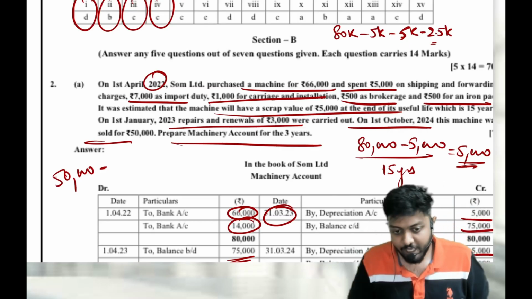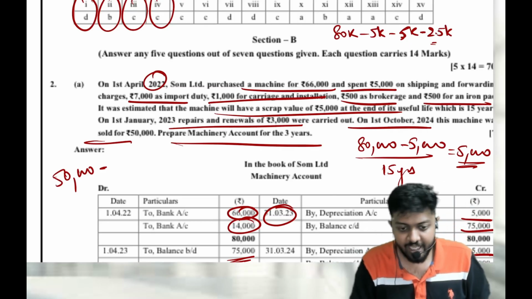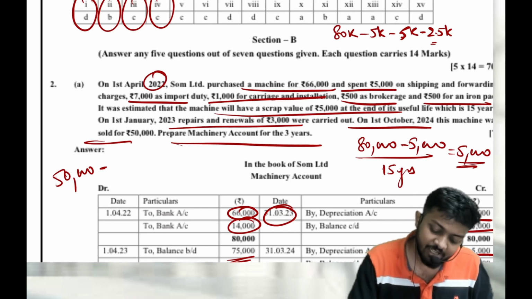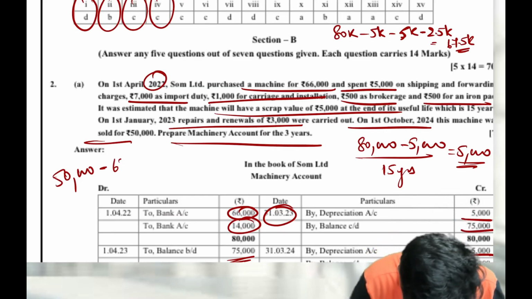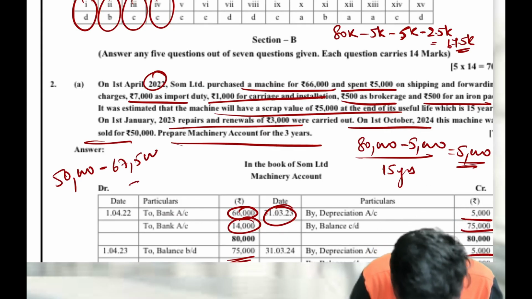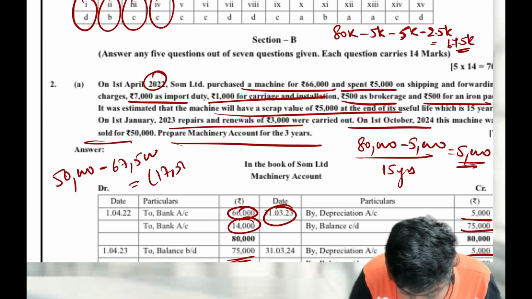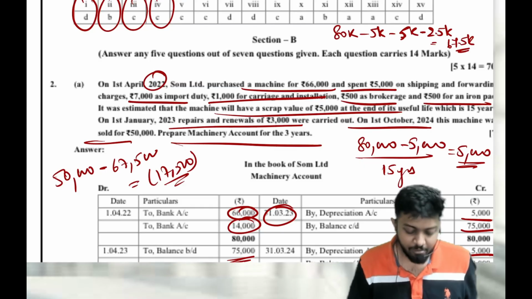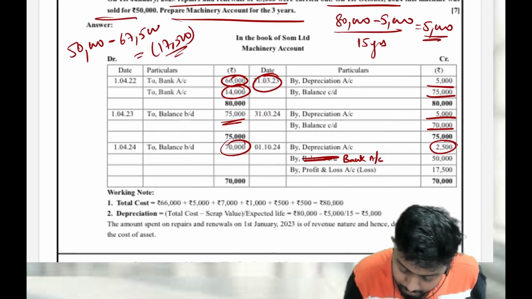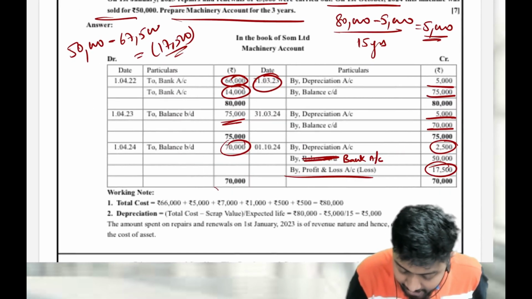So your carrying amount has come to 70 minus 2.5, 67.5k. So 50,000 minus 67,500, we have a loss of 17,500. I told you loss comes on the credit side, whereas profit comes on the debit side. So it's a loss, P&L account 17,500. We are done with the machinery account.